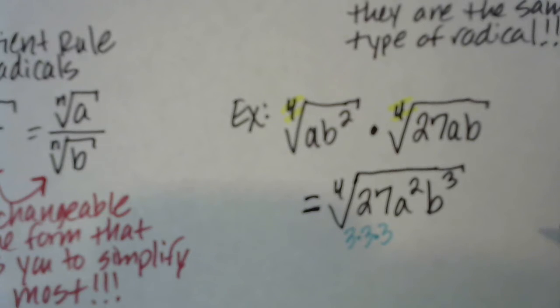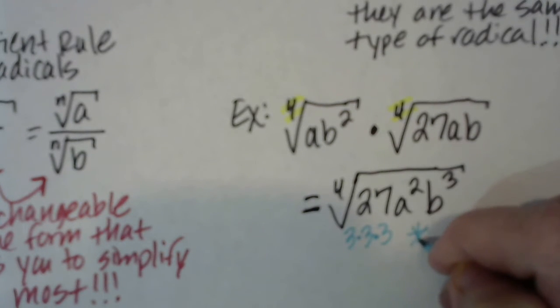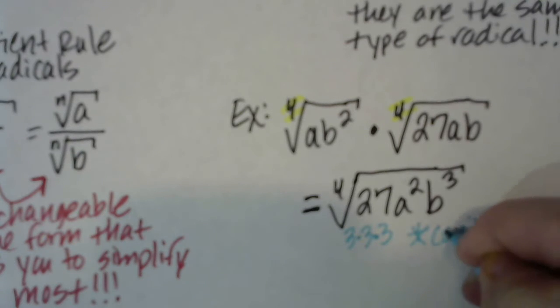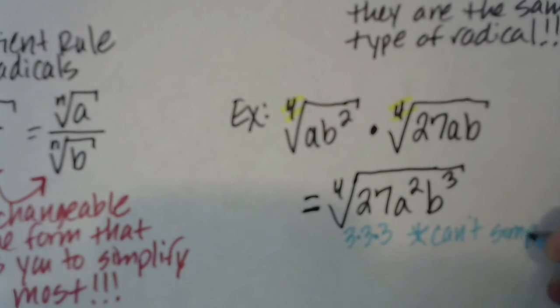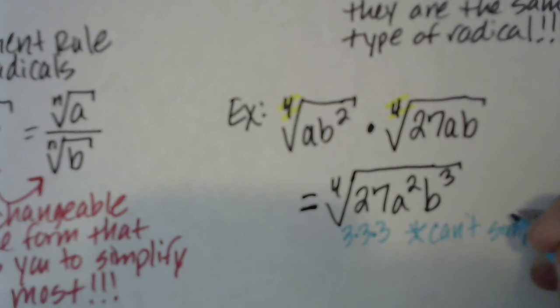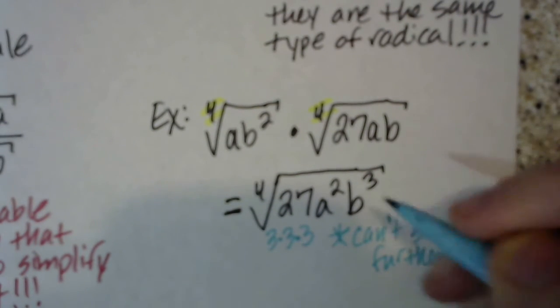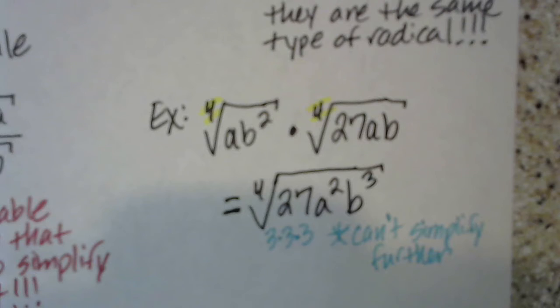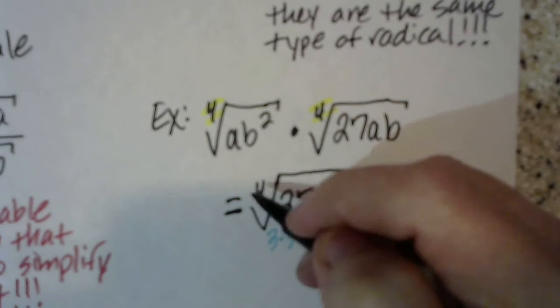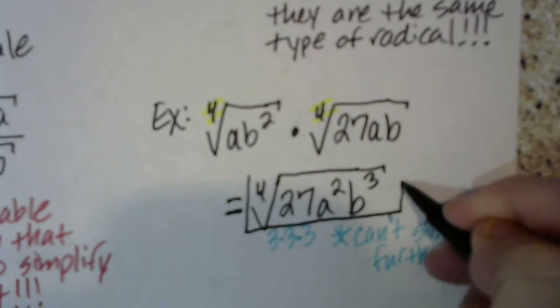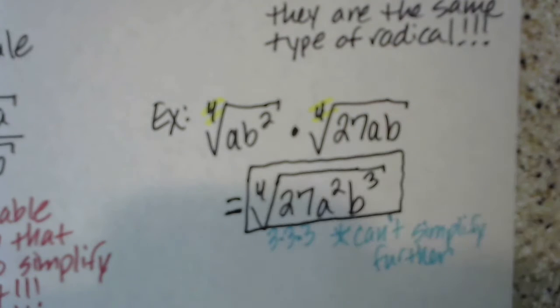And I definitely don't have 4 A's or 4 B's. So I can't simplify further on this problem. I would have to have groups of 4, and I just can't do that. So you do have to check and see, but in this particular example, there was nothing more that I could do.